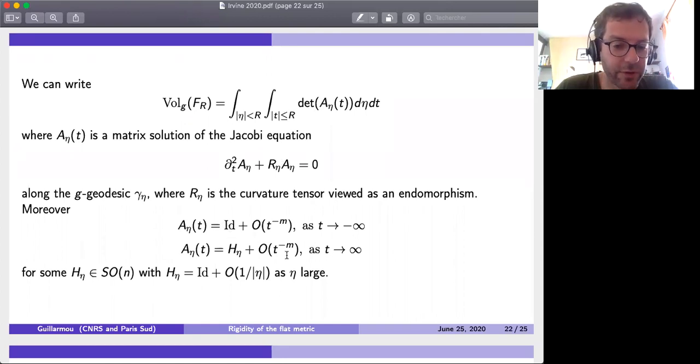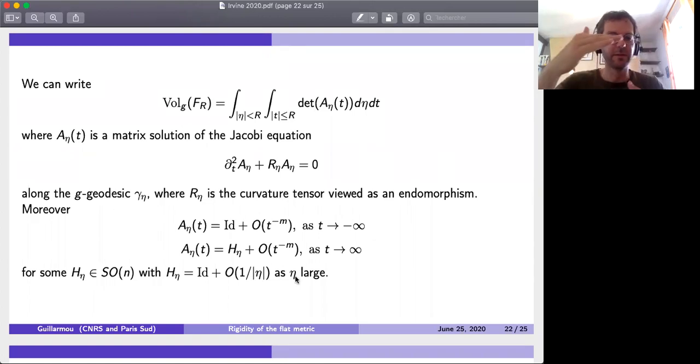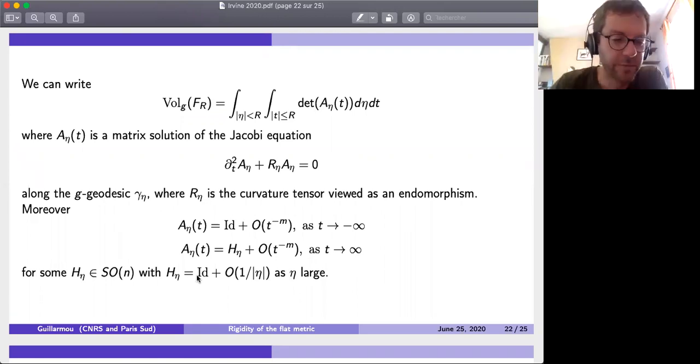When we look in the future, it's not going to approach the identity, but it's going to approach a constant matrix depending on eta, which is in SO(n), so with determinant 1. And moreover, when eta is large, which means you take geodesics on the cylinder which go very far near infinity, this matrix is going to be close to the identity.